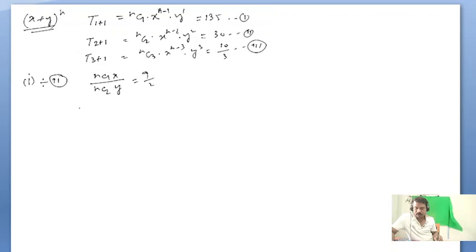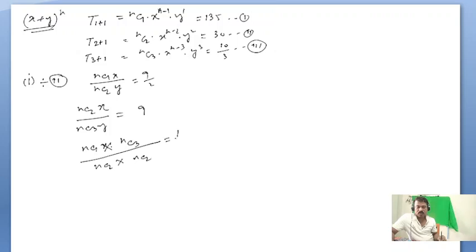Again, nC2 x divided by nC3 y, that is equal to 9 here, and nC1 x into nC1 into nC3 equals nC2 into nC2, that is equal to half.